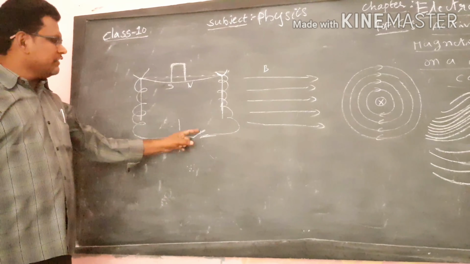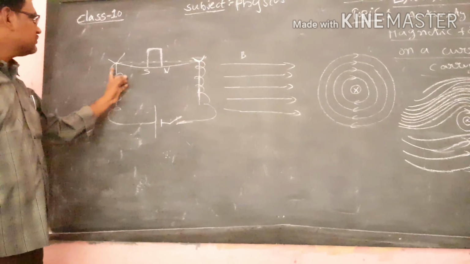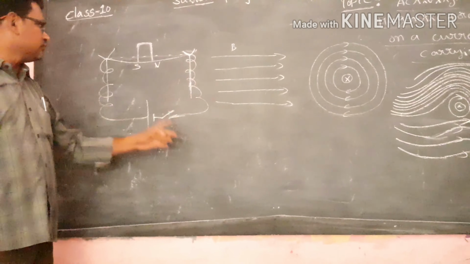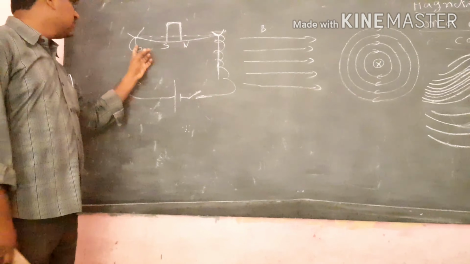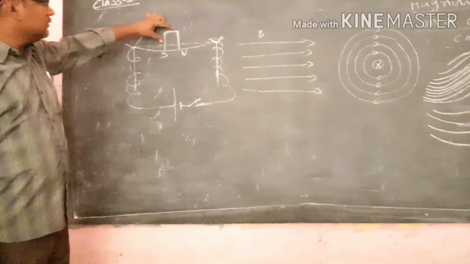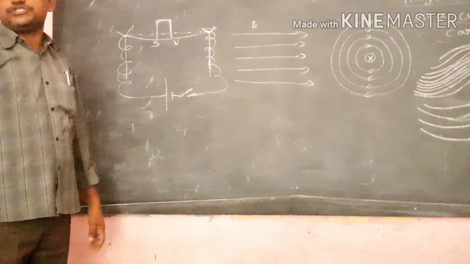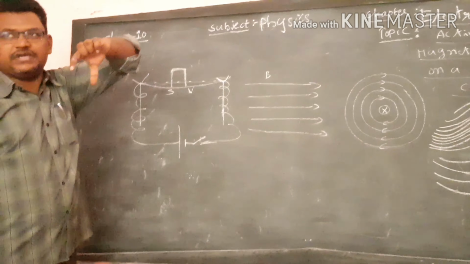When we close this switch, what happens? Current flows through the circuit, through the wire. Now take a horseshoe magnet in this way.